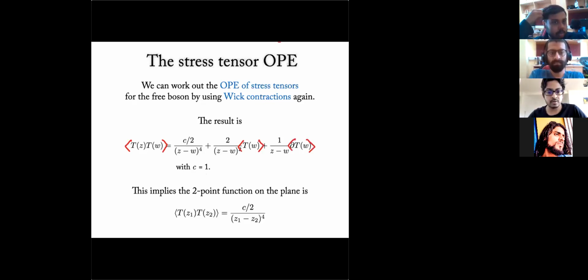We are doing this on the plane, so the expectation value of the stress tensor on the plane, just by translation invariance, is 0. And this is just the derivative of this object, so this is also 0. Therefore, the two-point function is simply given by just this leading term.